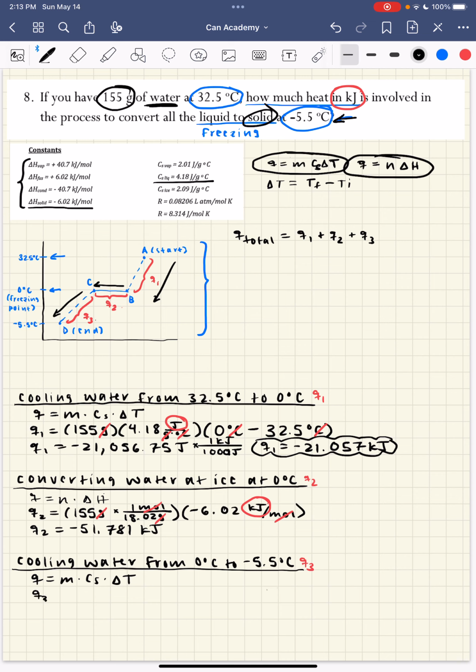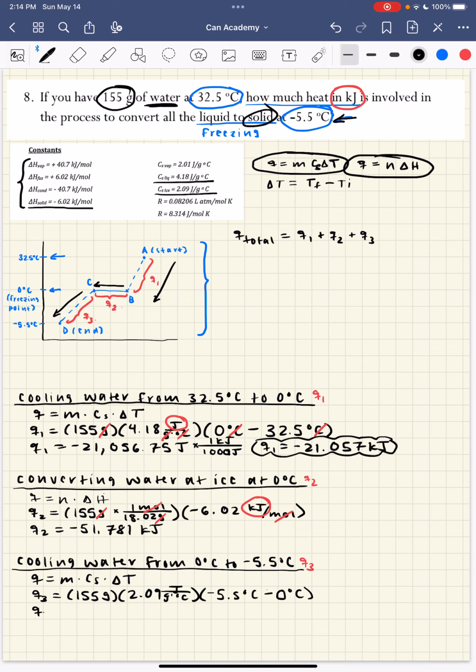So we can say that Q3 is equal to the mass, which is 155 grams, times specific heat. But we're not going to use the same specific heat because now we are a solid. So we're going to use the specific heat for ice because that has changed. We're no longer a liquid. Joules per gram degrees Celsius. And then our change in temperature is also different. Our final temperature is negative 5.5 degrees Celsius, and our initial is 0 degrees Celsius.